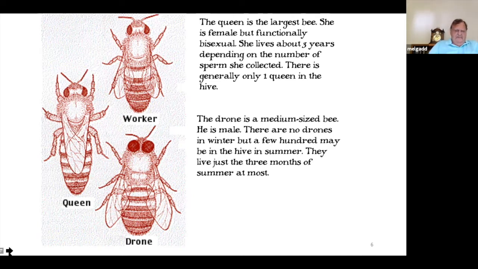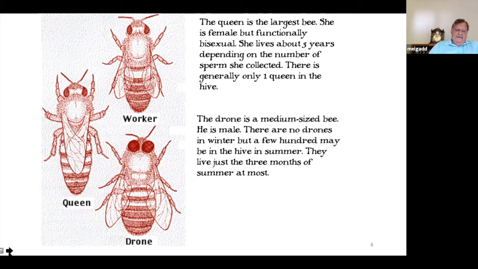They will fly off, and drones from all the different hives and locations will start collecting at a spot up 30 feet in the air, usually, that they call a drone collection area. I call it the drone singles bar. And they hang out there waiting for a virgin queen to come flying by. And that virgin queen will release a pheromone, which is like a perfume smell, that says to the guys, here I am, try and catch me and mate.